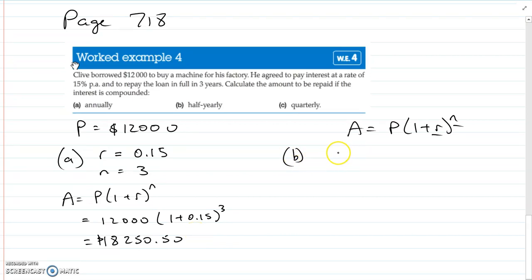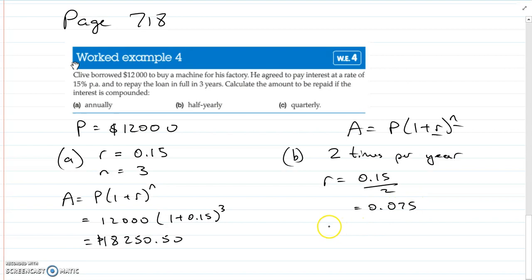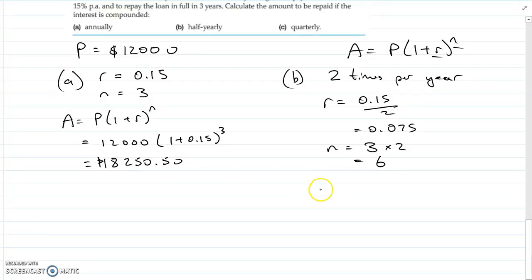B, half yearly. Half yearly means 2 times a year, that's semi-annually, the same thing. So now R is 0.15 divided by 2, which is 0.075. N is 3 years times 2 times per year, which is 6 total payments. So we divide the rate by 2 and multiply the years by 2.